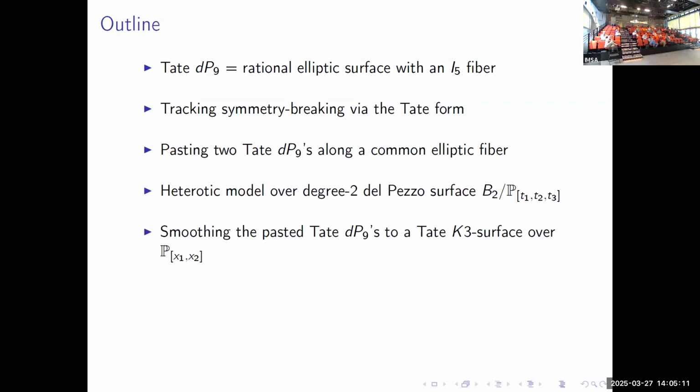We'll smooth that heterotic reducible model of the pasted DP9s to a Tate K3 surface over P1.